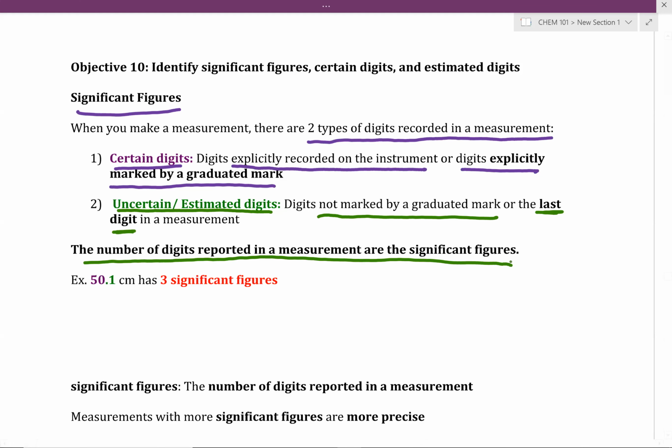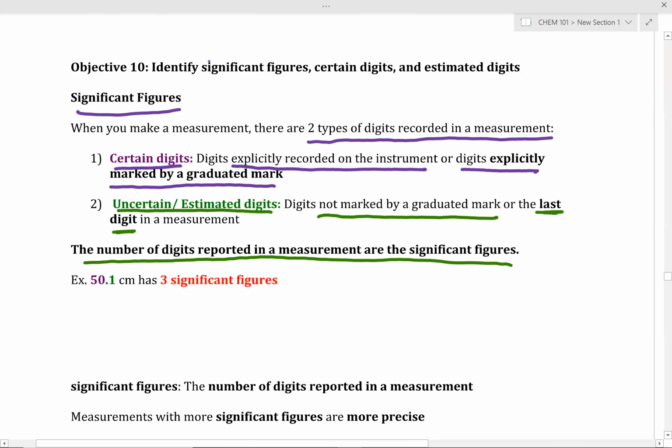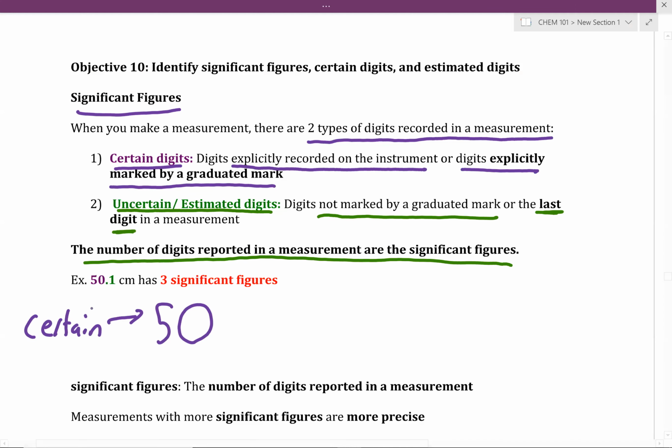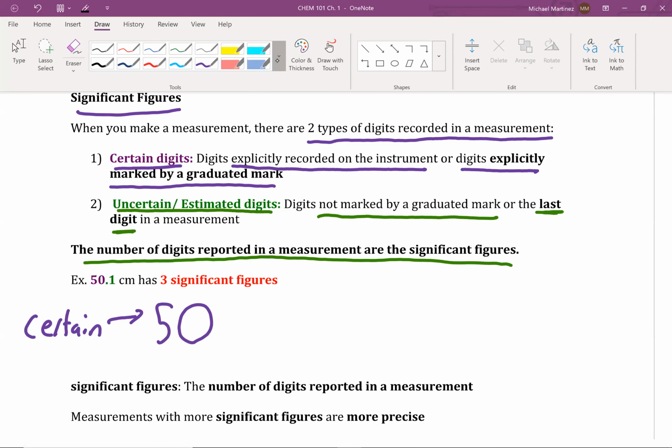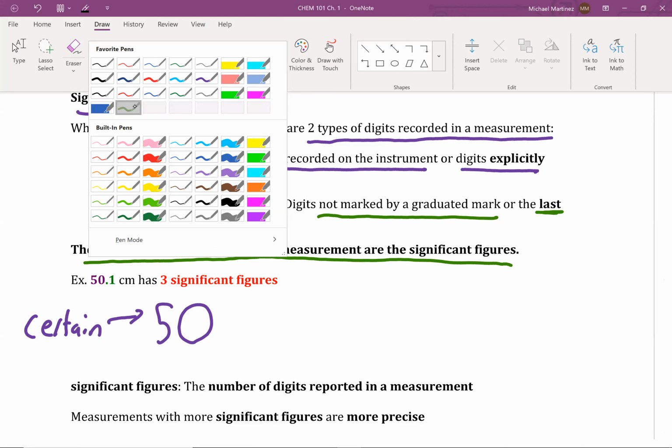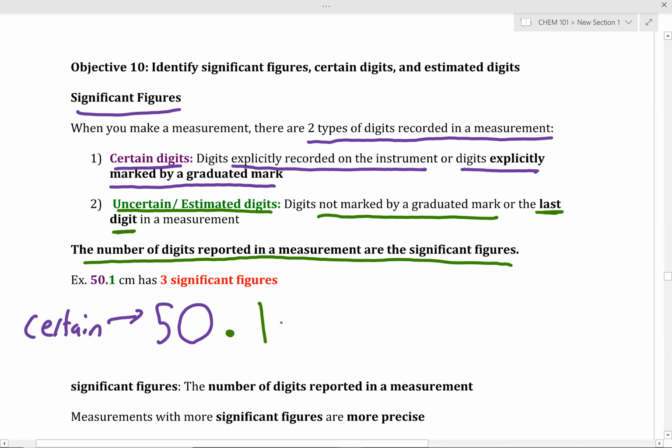So for example, in the value 50.1 centimeters, the 50 are our certain digits, while the last digit, the 0.1, is the estimated digit. In total, we have 1, 2, 3 digits.